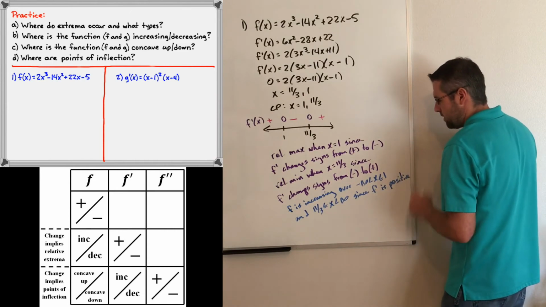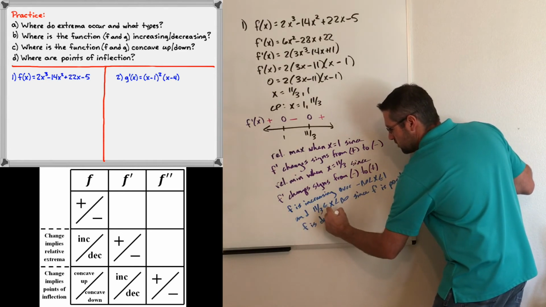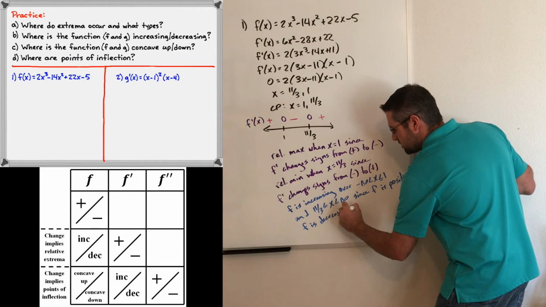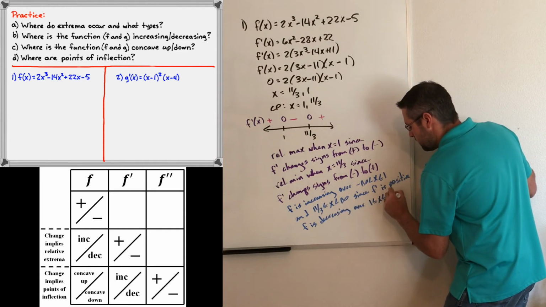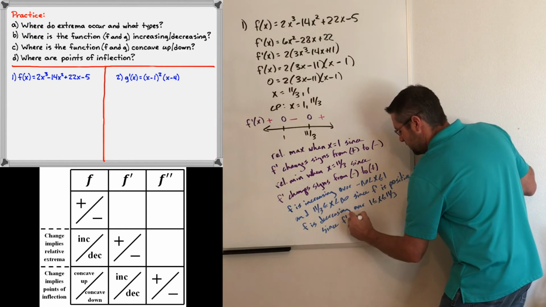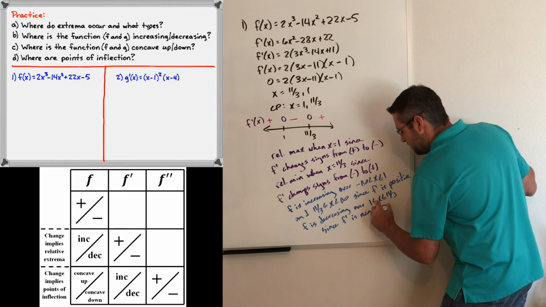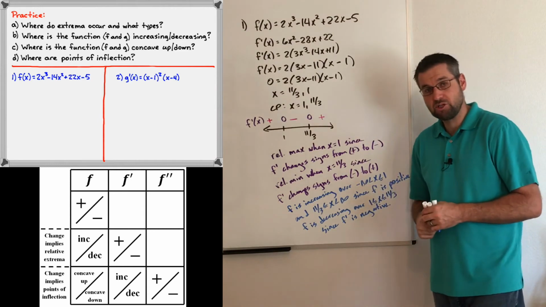Running out of room here. Okay, and then we can also say that f is decreasing over 1 is less than or equal to x less than or equal to 11/3, since f prime is negative. All right, so that answers B for us for question number 1.